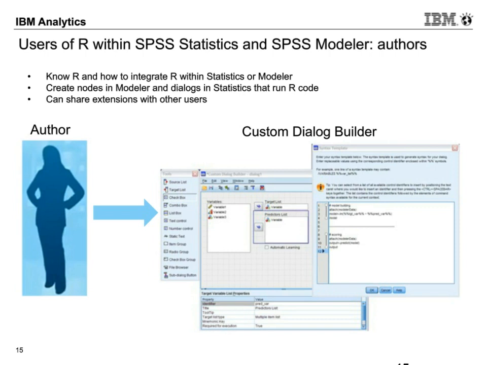That would be a simple one, but usually even a complicated one takes maybe only a couple of hours to create. And then, of course, you can share these extensions that you might create with other users. There's a packaging mechanism that allows you to put together all the pieces, the custom dialog, the code, and possibly other items that you need, and there's an easy way to deploy and install that.